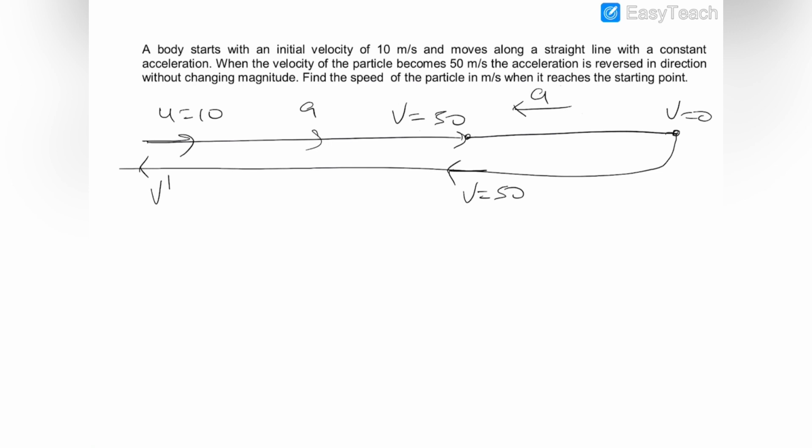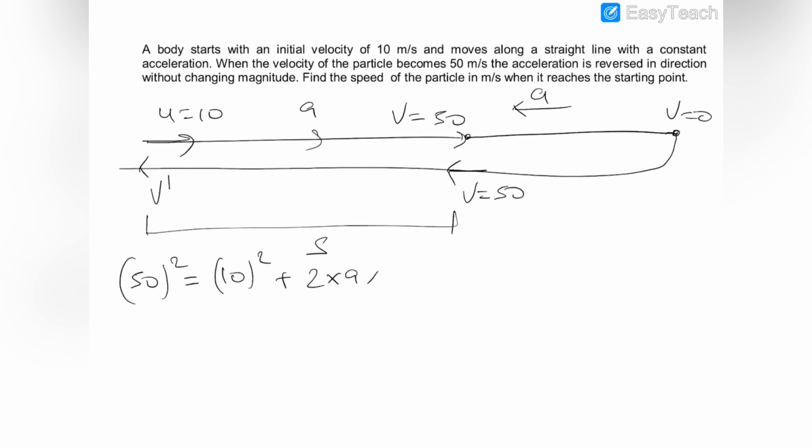And let's suppose that this distance is s, then in the forward journey we can write v square is equal to u square plus 2as. So 50 square is equal to 10 square plus 2 into a into s. Okay, so 2as is equal to 2400, and as is equal to 1200.